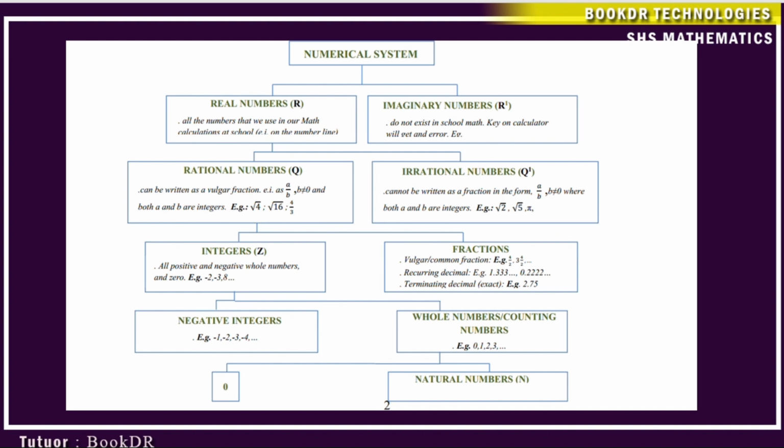Under the real number system, they are grouped under rational numbers and irrational numbers. And we said rational numbers are those that can be written in the form A over B. And irrational numbers are numbers that cannot be written in the form A over B. They include square roots of non-perfect squares and pi.